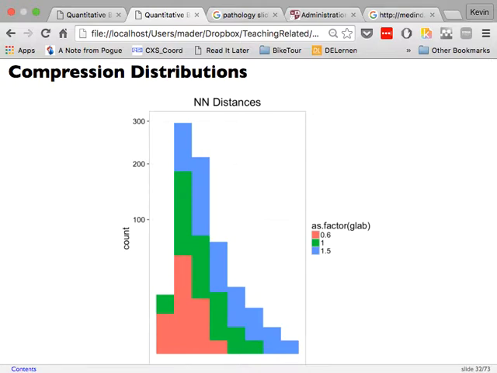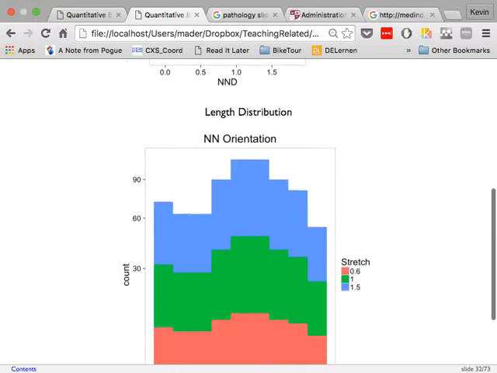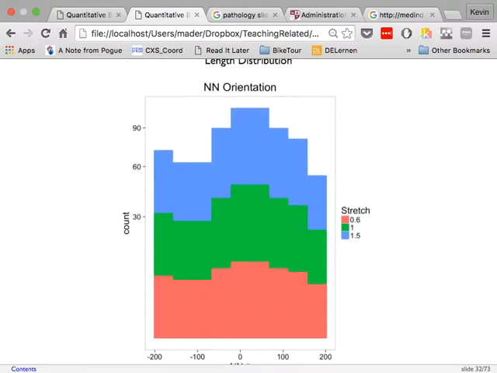And when we look at the distributions now, we have a linear scaling going on. This is what the distribution looked like before. This is with 0.6, and this is with 1.5. So it scales exactly with the factor that we scaled it by, and the angle with the orientation also scales with the exact same factor.